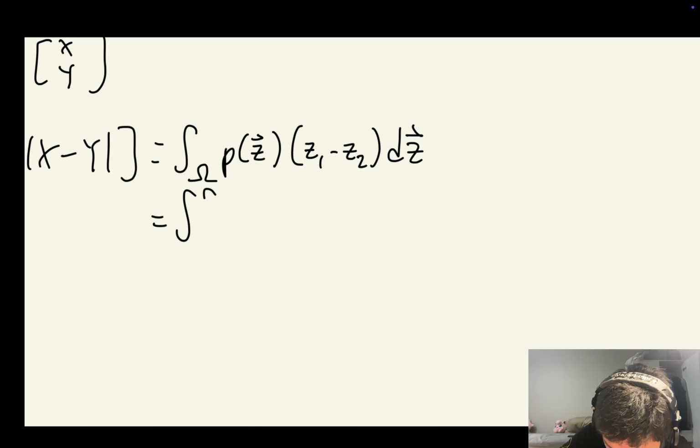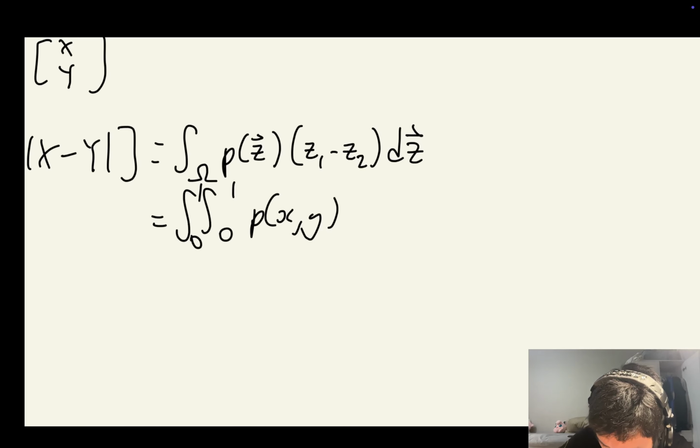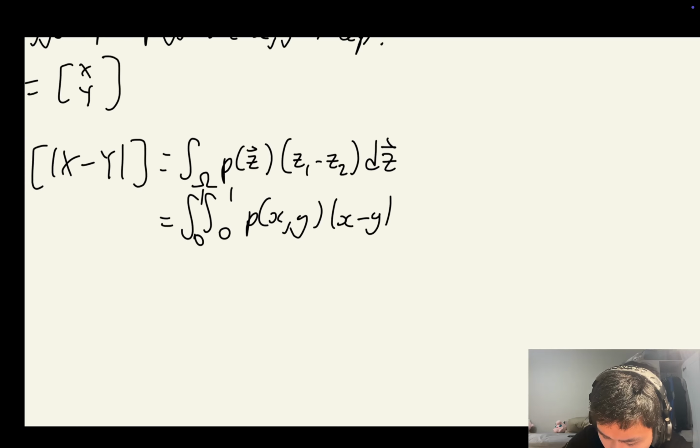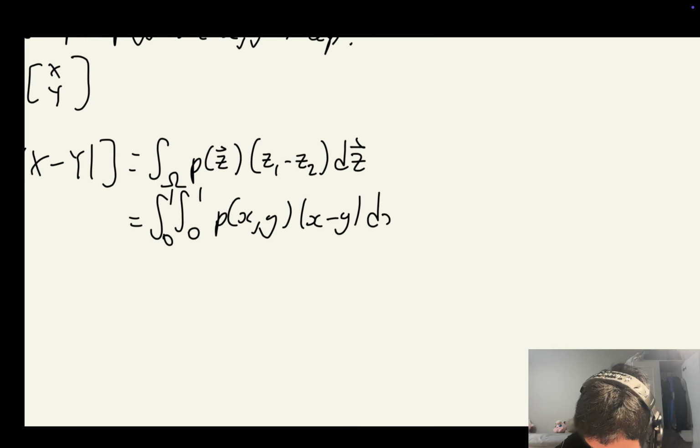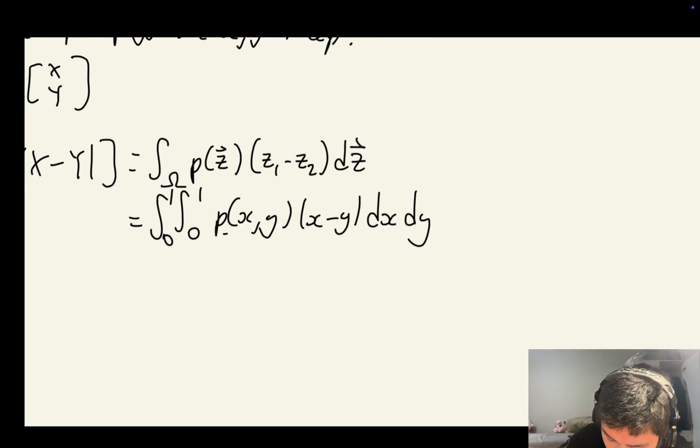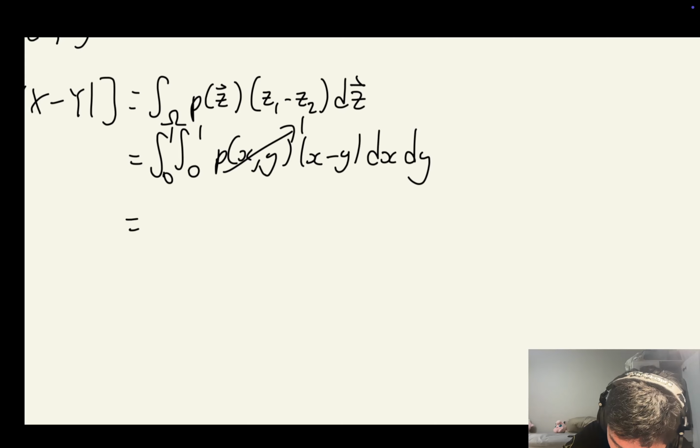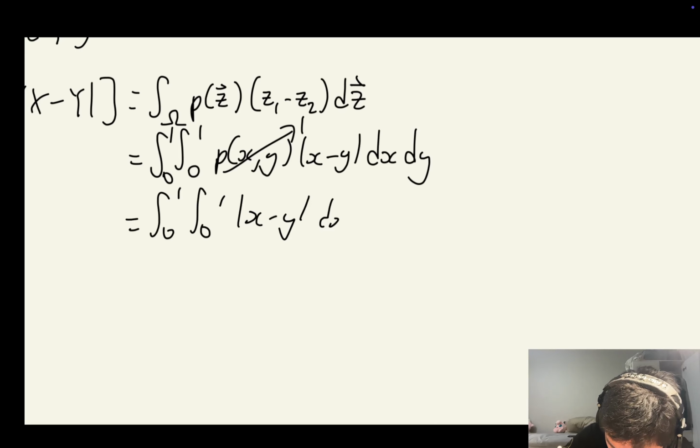We can just take this as the two iterated integrals, p of x, y, times x minus y, because this is continuous. This function is all continuous. dx dy. This is going to be 1 for all of this. x minus y dx dy. We can utilize symmetry here.